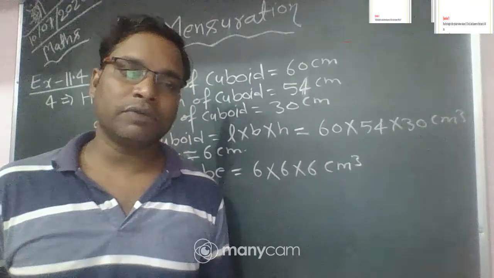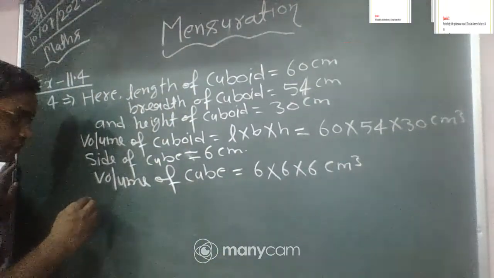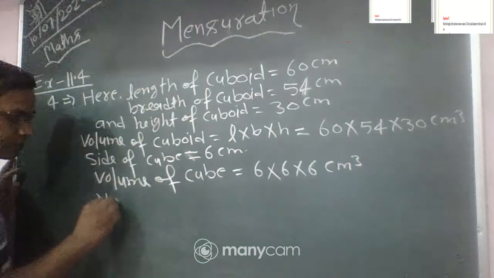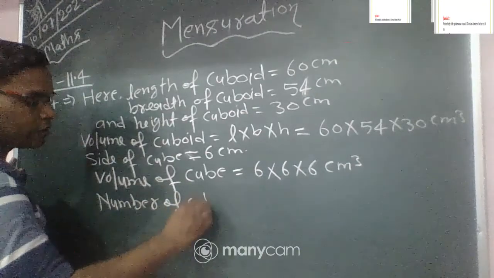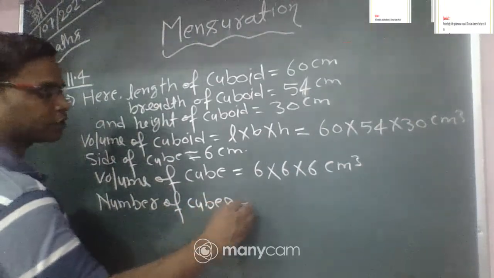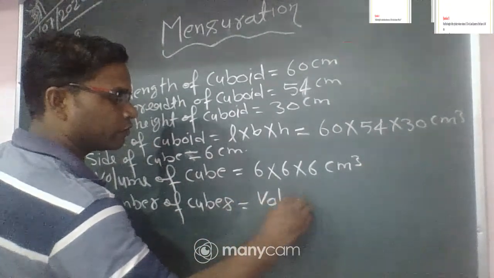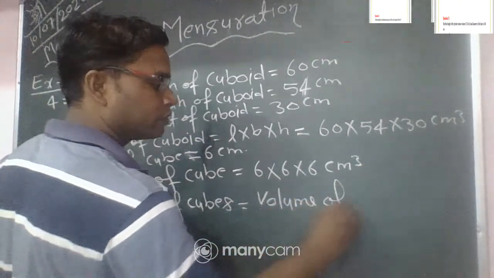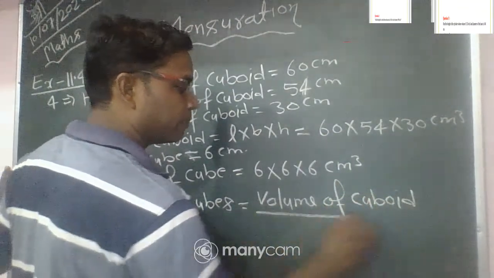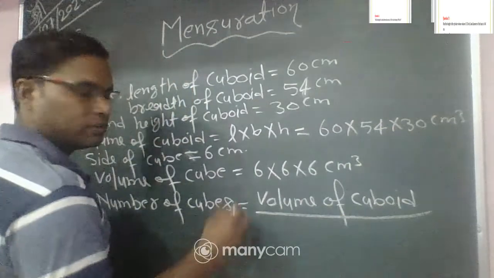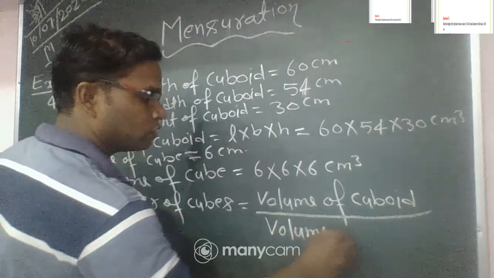So for this we do, let's see. Number of cubes is equal to volume of cuboid by volume of cubes.